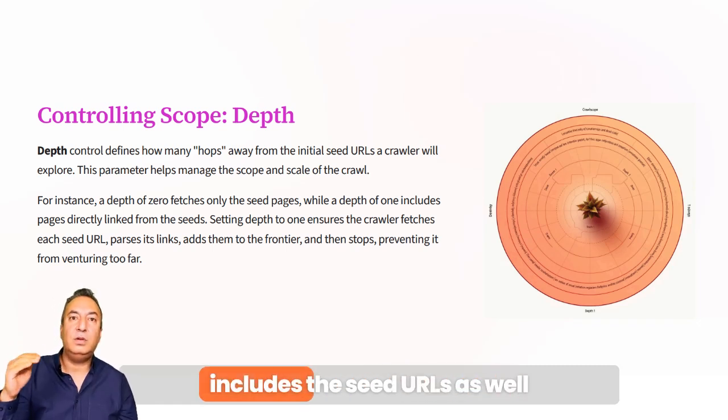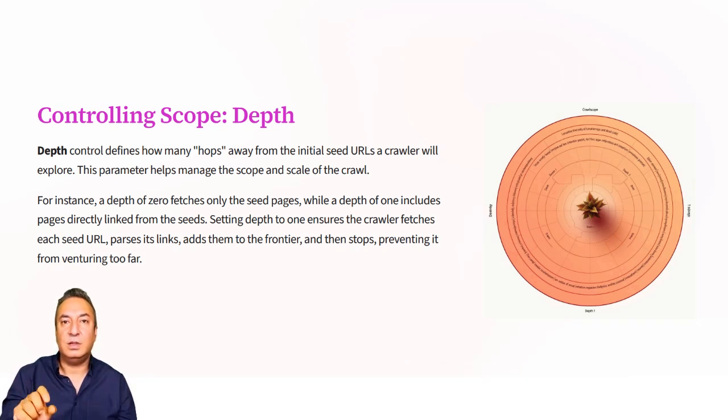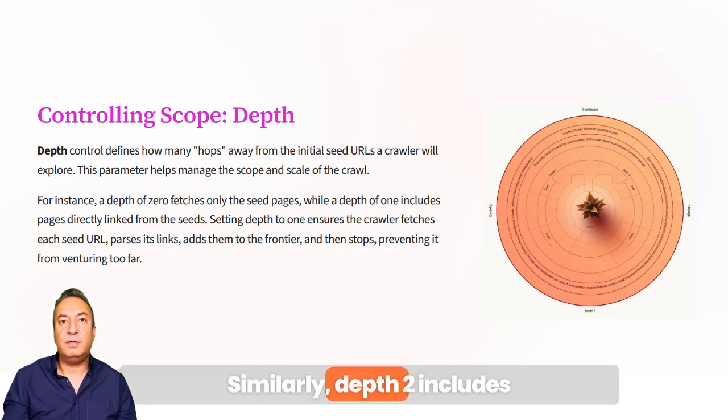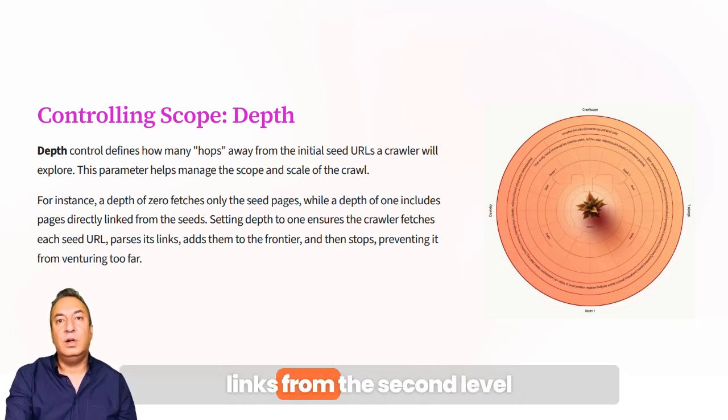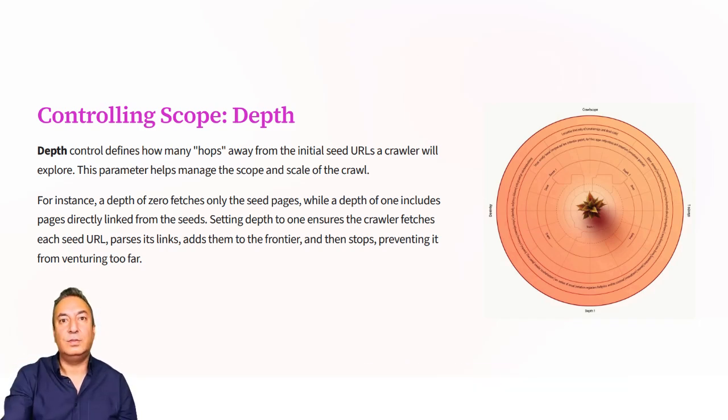Depth 1 includes the seed URLs as well as the next set of links extracted from the pages fetched via the seed URLs. Similarly, depth 2 includes links from the second level of pages after the seed URL.